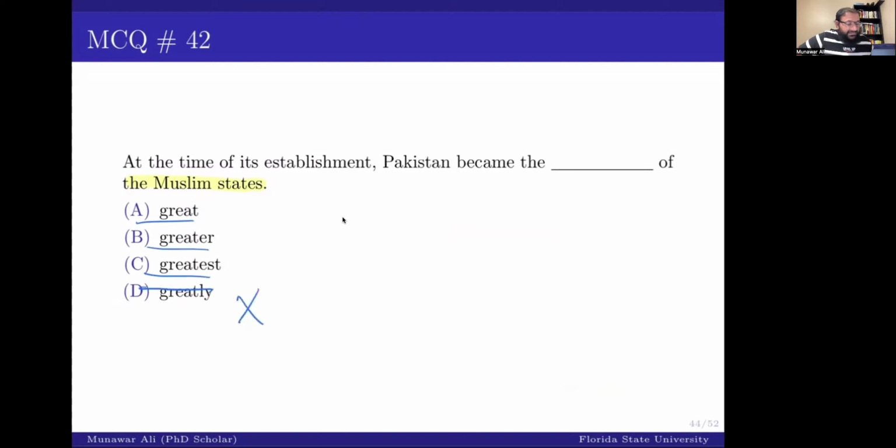Greatly is not a correct option. So we are comparing Pakistan with all other Muslim states, so it should be greatest. So we're going to use the superlative. Because if you are saying Pakistan became, then we don't have the here, because it is the, then you should put greater.